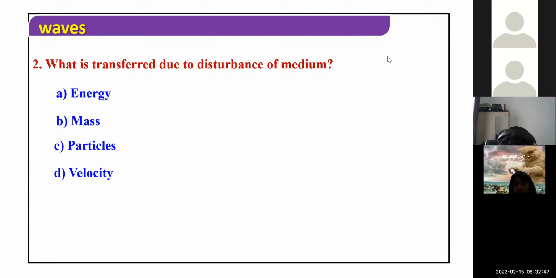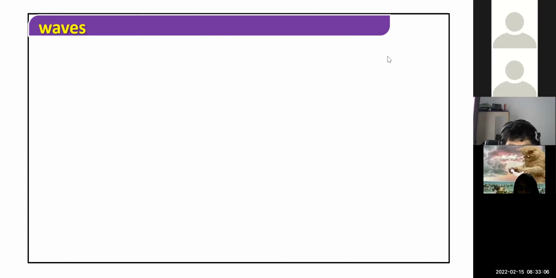What we have discussed till now, what I told you, what is transferred? Tanzim, you tell me, what is transferred? Energy. Yes, very good. Energy is transferred, children. The disturbance means that the energy is propagating, or transferred, from one position to another position.